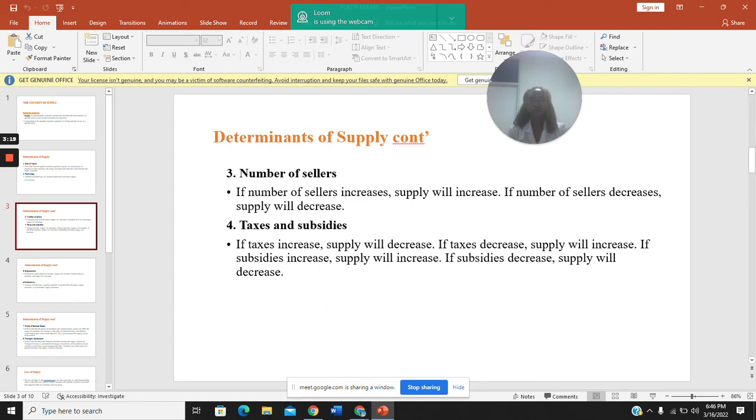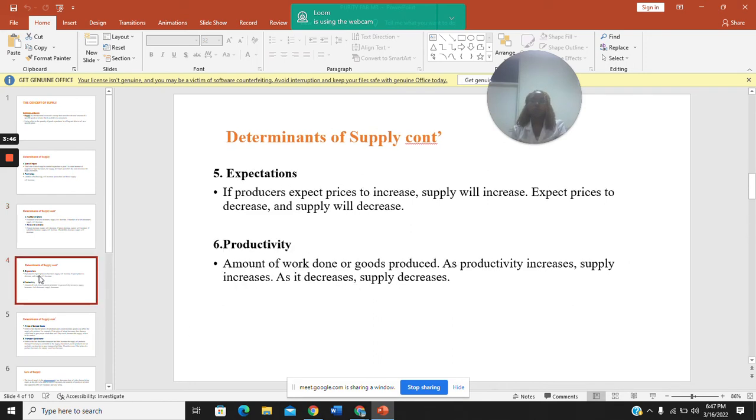Let's go to number four, taxes and subsidies. If taxes increase, supply will decrease. And also, if taxes decrease, supply will increase. For the subsidies, if they increase, supply will increase. And if they decrease, supply will also decrease.